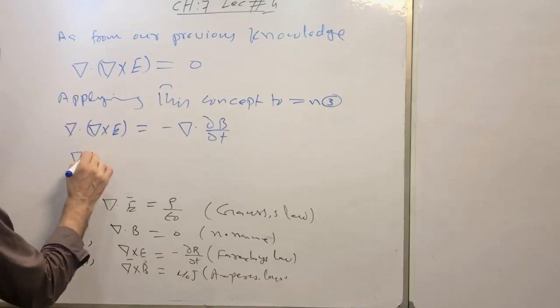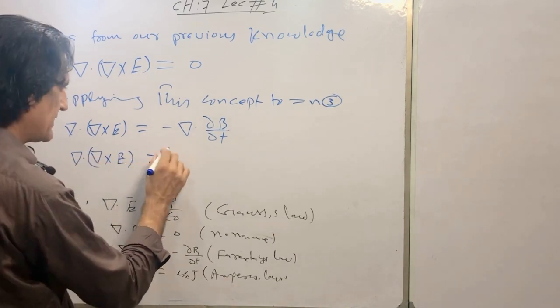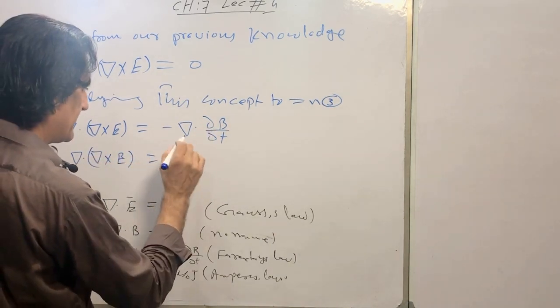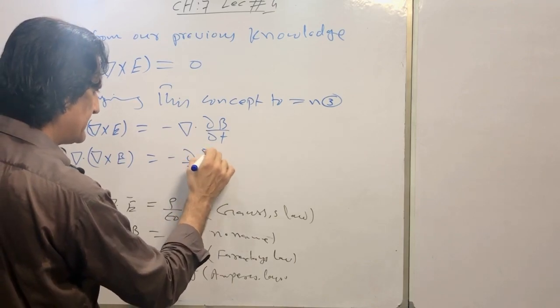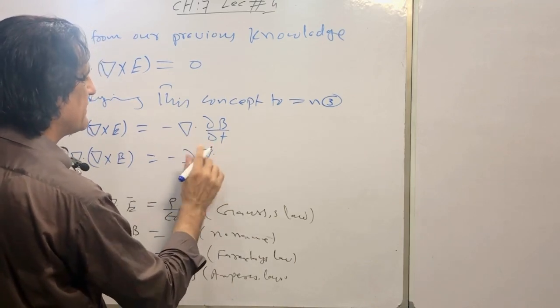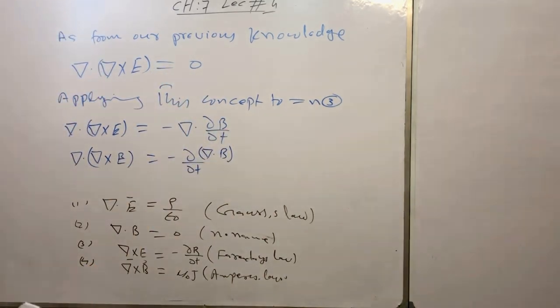If I write down like this, and if I take this divergence inside, then I have the form.